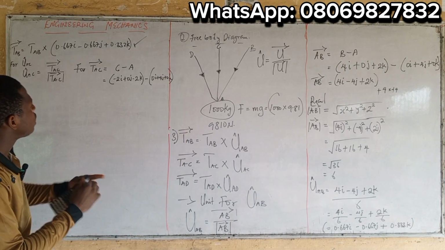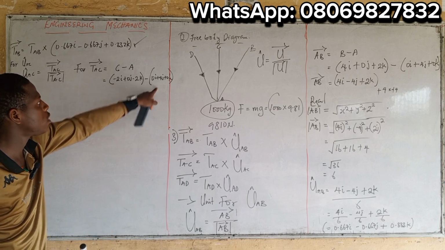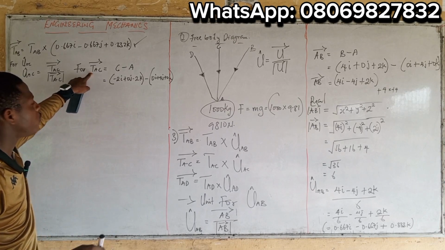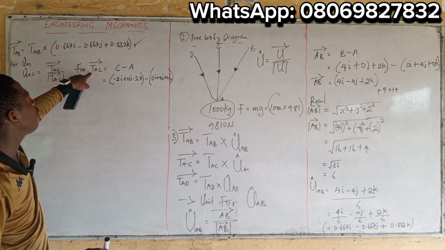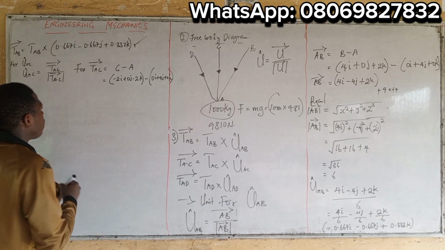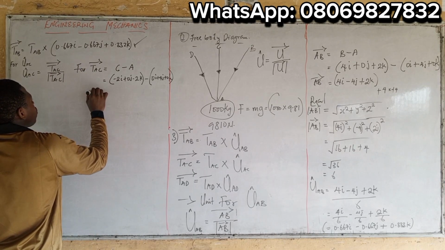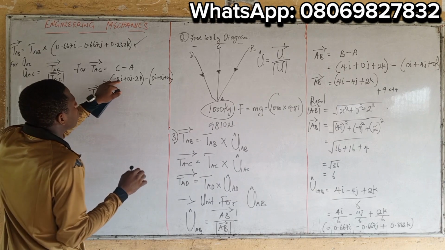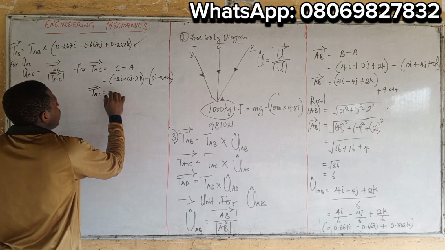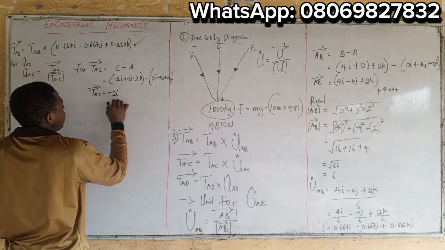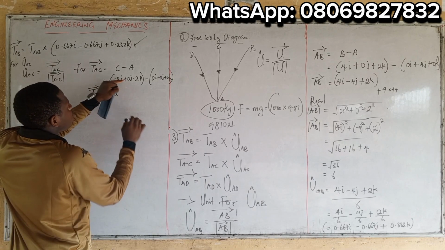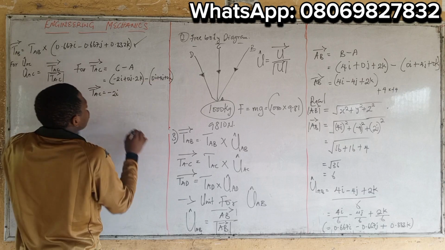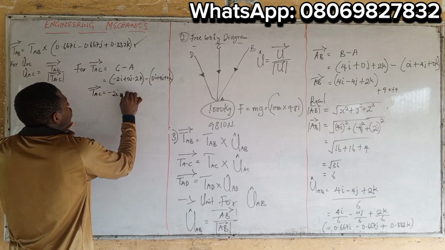So you take this and subtract it with this to get the position vector of AC. Minus 2 minus 0 gives minus 2i. Then 0 minus 4 gives minus 4j.